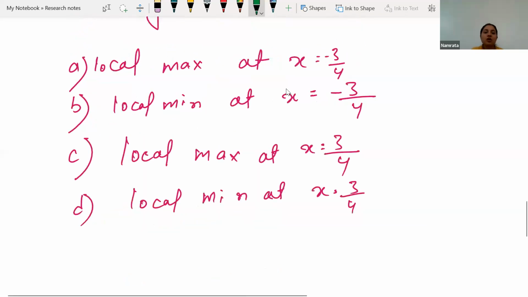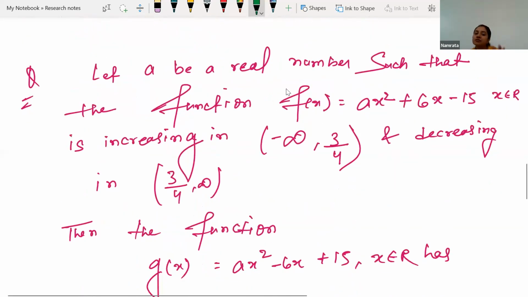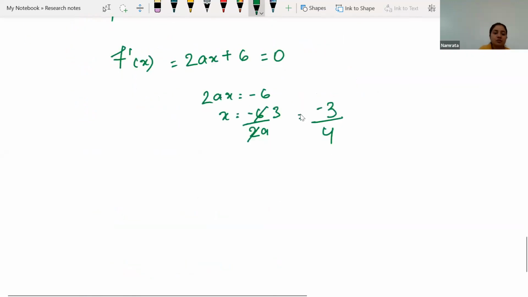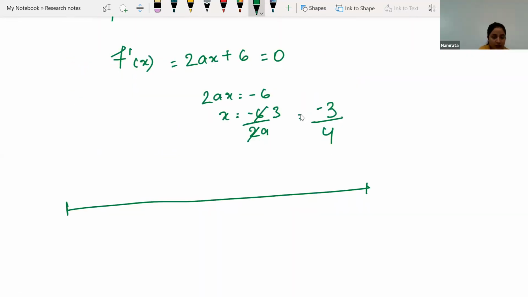Now in the question it is already written that the given function is increasing in the interval minus infinity to 3 by 4 and decreasing in 3 by 4 to infinity. We are not making this real line and writing the intervals and everything by ourselves.